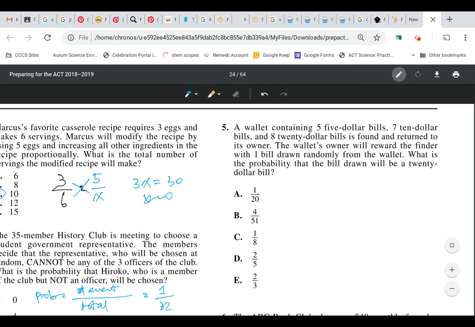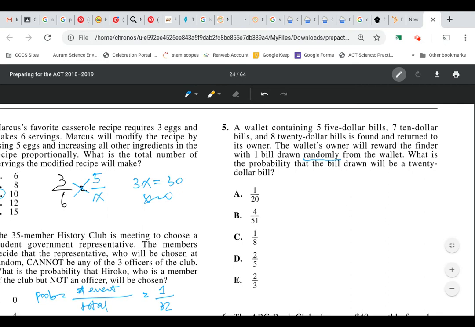So keep going. The wallet's owner will reward the finder with one bill drawn randomly from the wallet. Okay, you can underline randomly. If you read that, you know it's probability, right? What is the probability that the bill drawn will be a $20 bill?